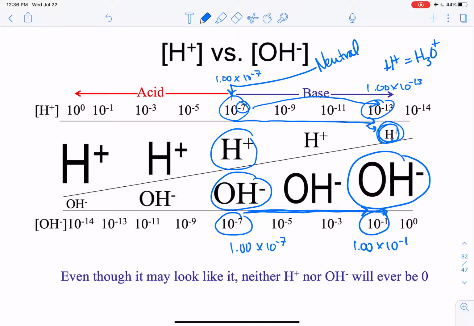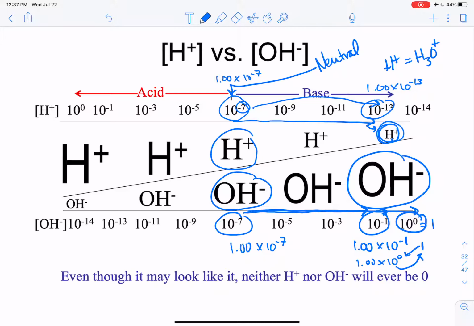Okay, so what happens when we increase the concentration of hydroxide even more? We have 1.0 times 10 to the 0 power. Now, anything to the 0 power is what? Is 1, okay? So 10 to the 0 power is 1. So that's saying 1 times 1. So this is equal to 1 here.